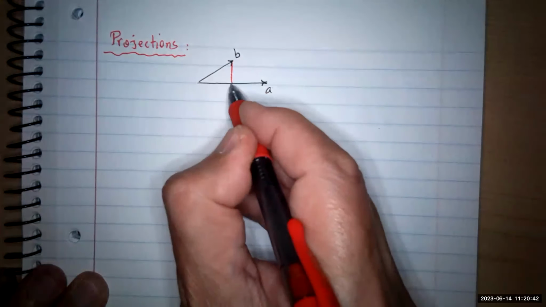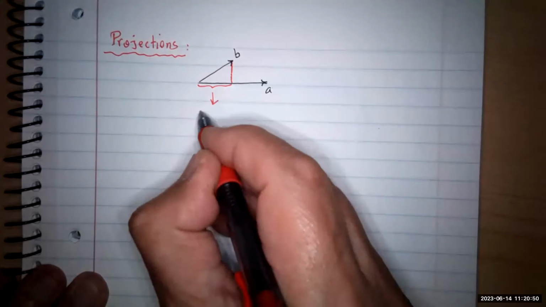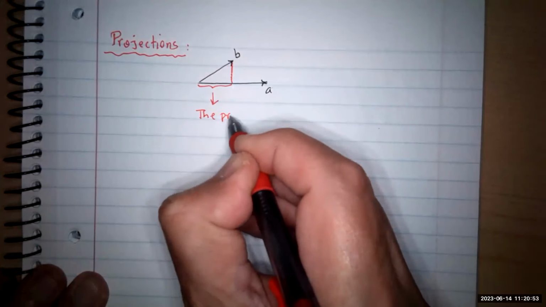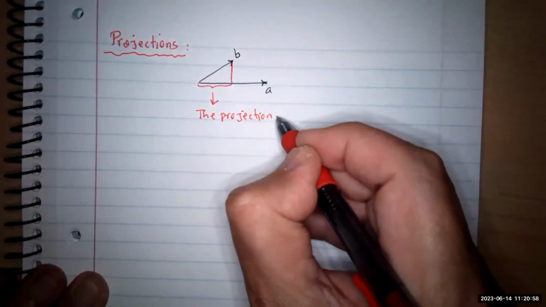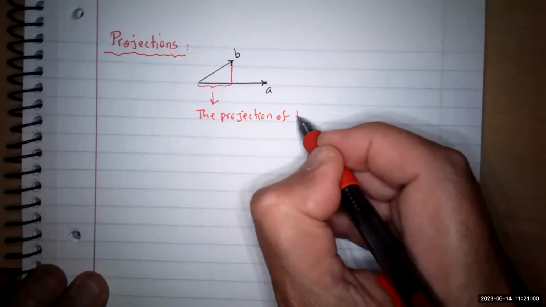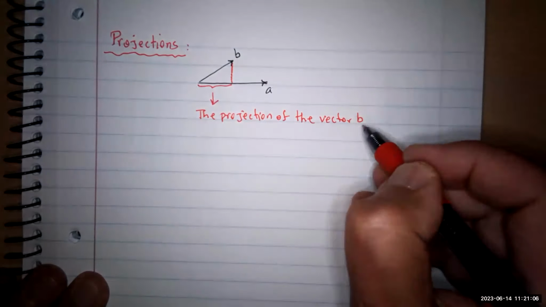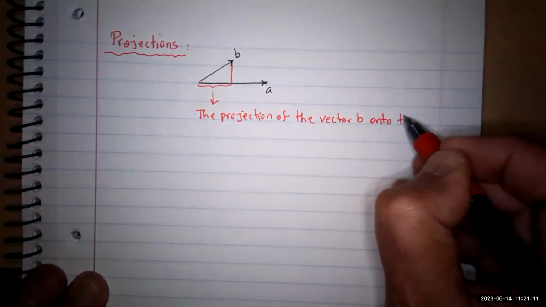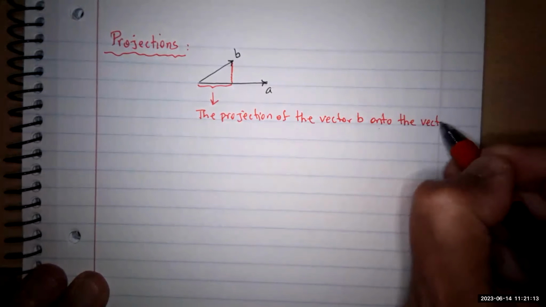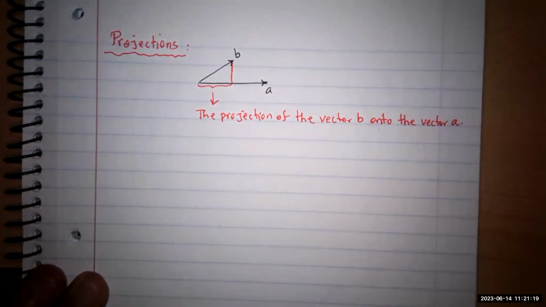See this portion over here. This portion, we refer to it as a projection, the image, if you like: the projection of the vector B onto the vector A. Okay, it's a very important concept.